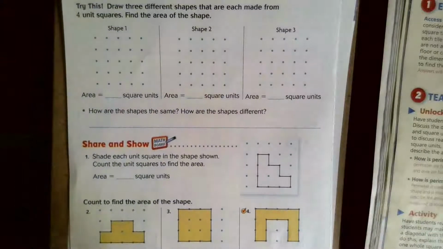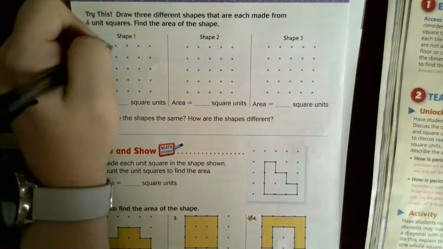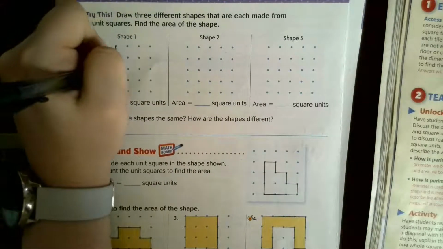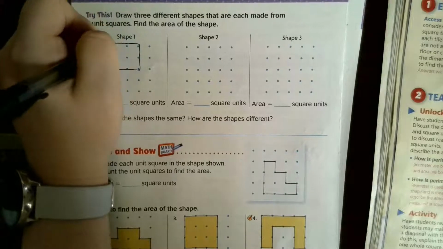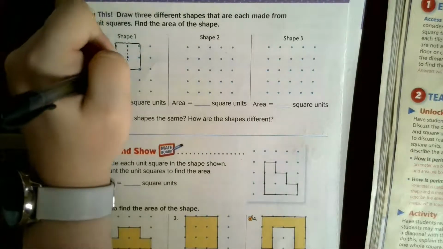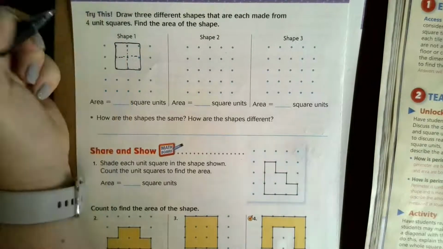Okay. Let's try a few more. It says draw 3 different shapes that are each made from 4 unit squares, and then find the area. So we need 4. We could do something like this. Make 4.